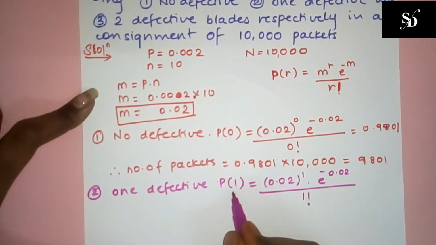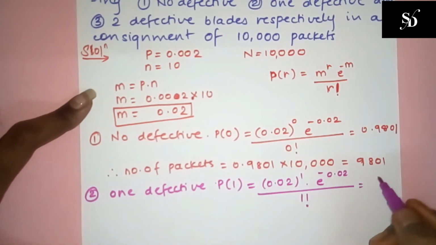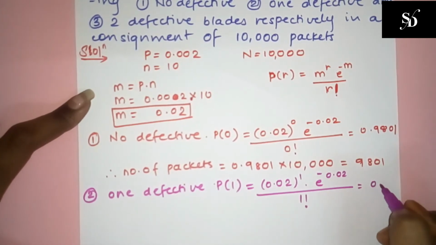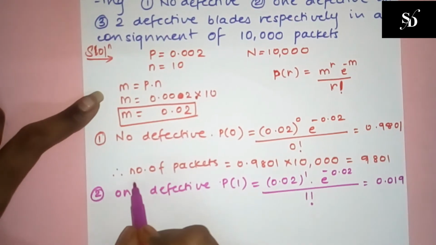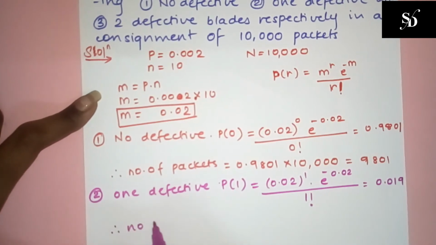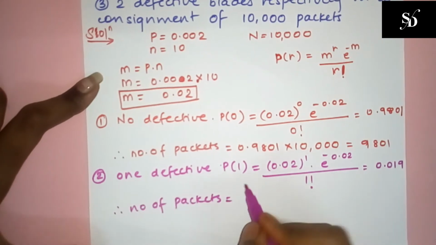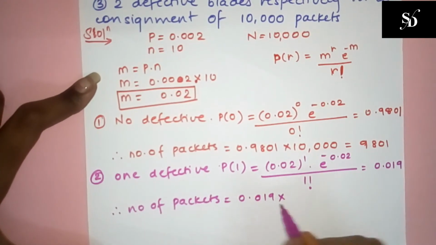I am writing the answer over here, you can try it once in the calculator. Again it is 0.019. Now again the same process for the number of packets: the number of packets is equal to this answer 0.019 into 10,000. We have to just multiply it by 10,000.